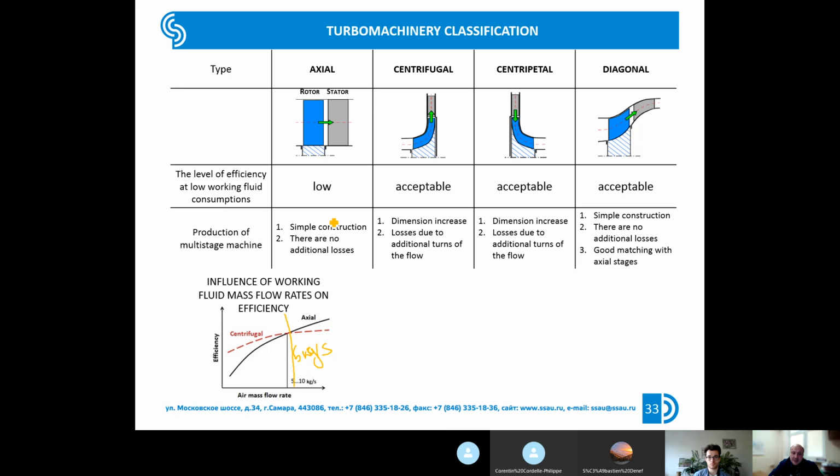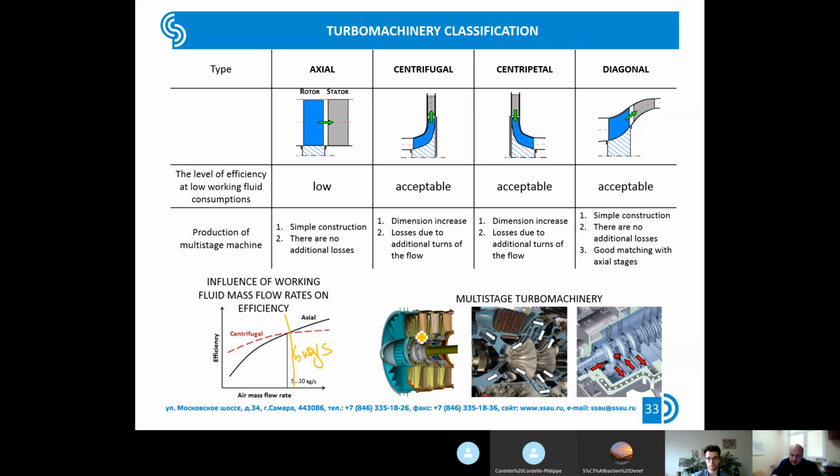And the second idea: how to create multi-stage turbomachinery. If we speak about axial turbomachinery, you will see that it's very easy to create a multi-stage compressor. You simply set the second, third, and other stages after the previous stages.